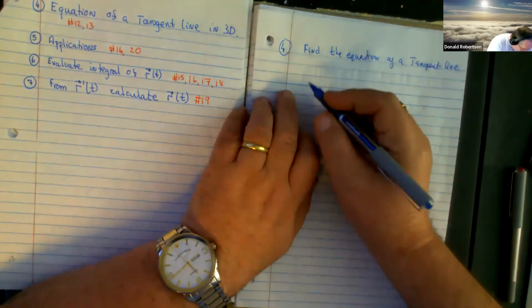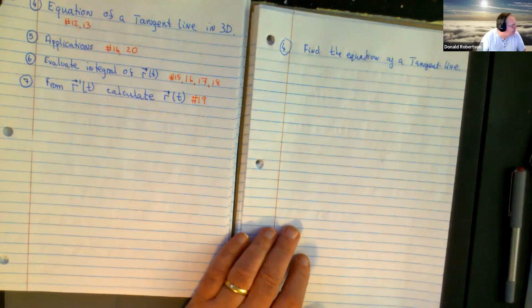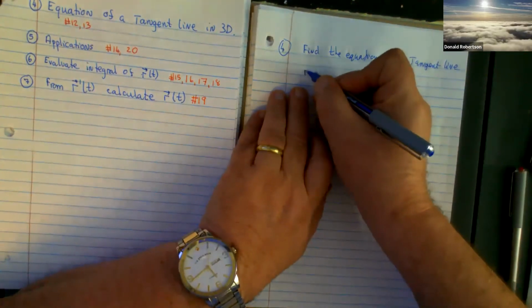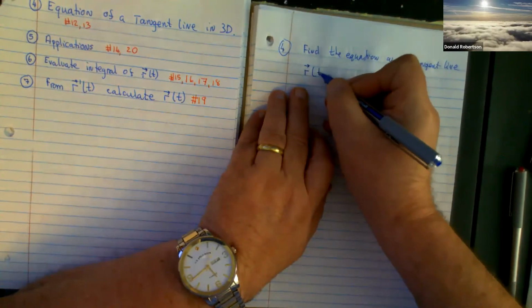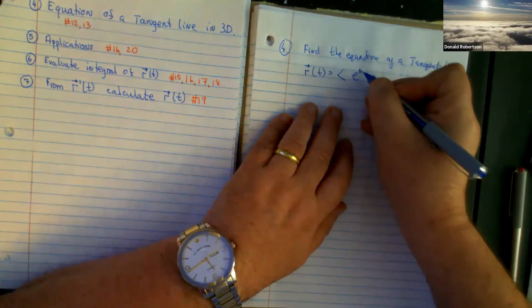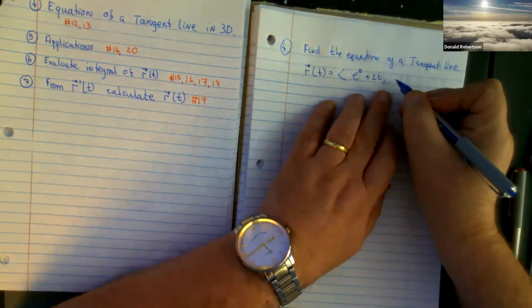So I'm not going to do any of these two guys because there are only 2 examples. So I'm just going to randomly pick my own. So here is the space curve that you are going to find the equation of the tangent line for.